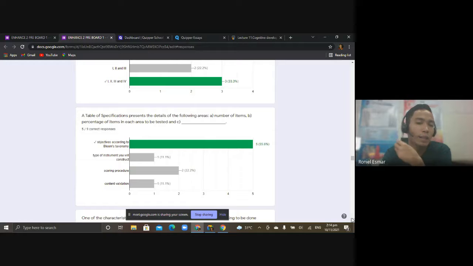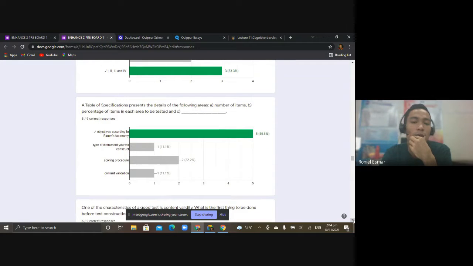And then in assessing the performance of your students, you would be using a test item that has no connection to the learning objectives, right? So in constructing a table of specifications, you identify which among the learning objectives each test item is anchored to. So that's why the correct answer is letter A, objectives according to Bloom's taxonomy.